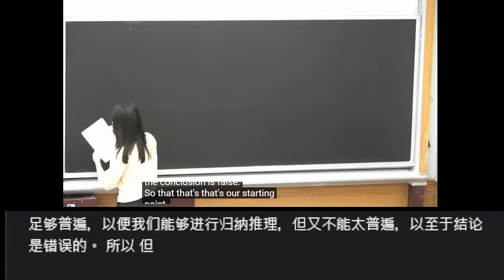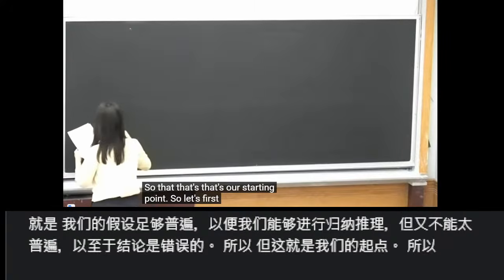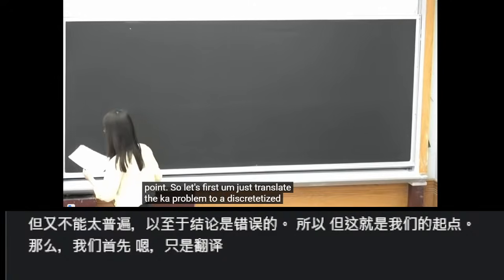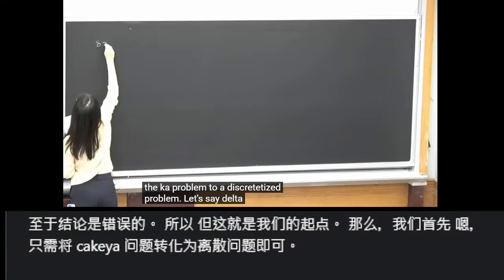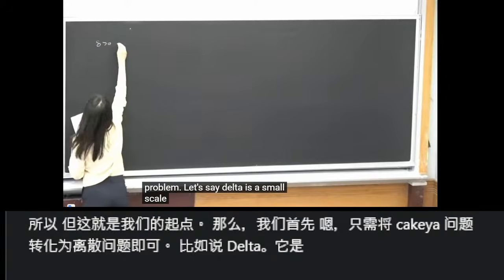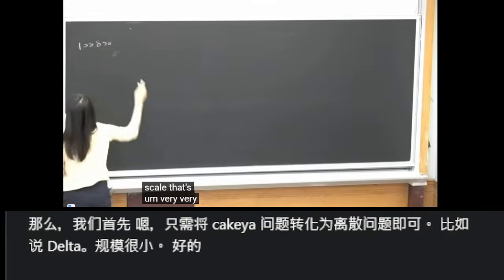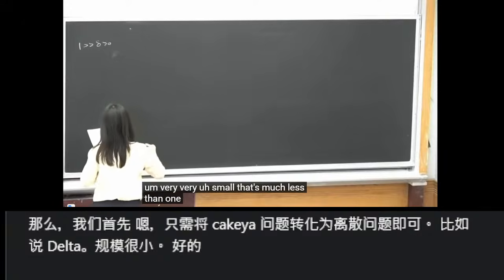So that's our starting point. Let's first translate the Kakeya problem to a discretized problem. Let's say delta is a small scale, very small, much less than 1 and positive.